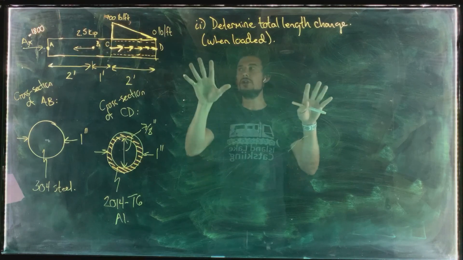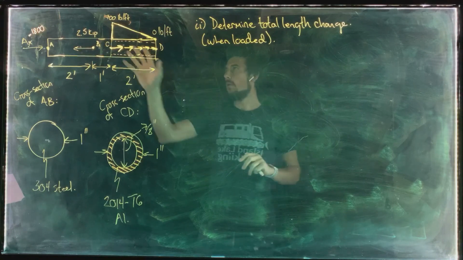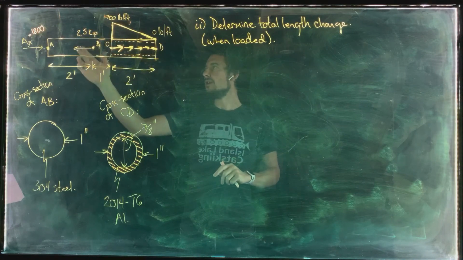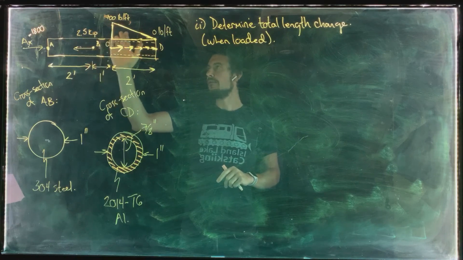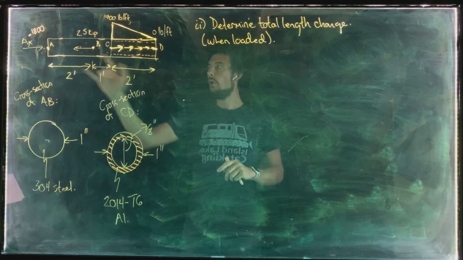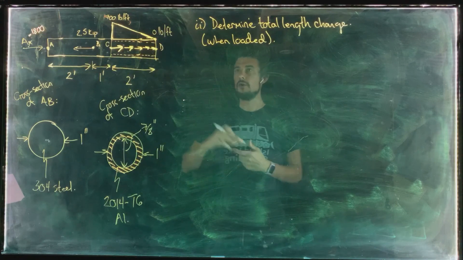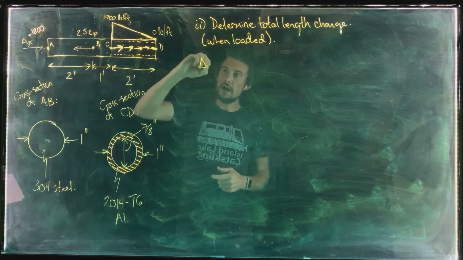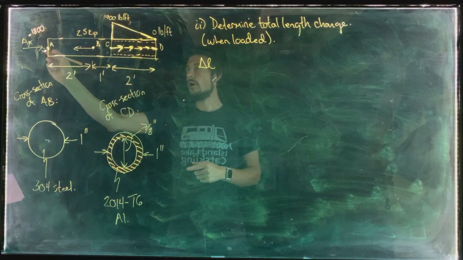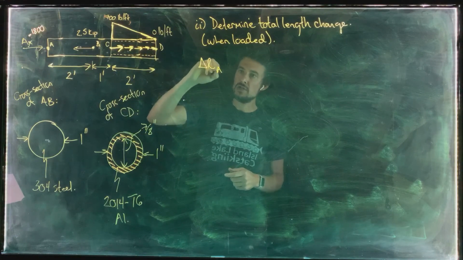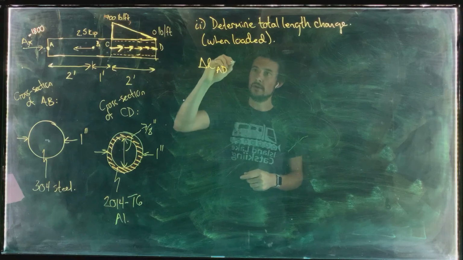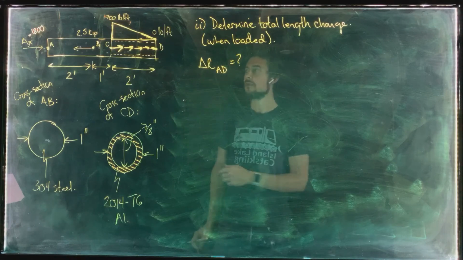So what we want to know now is when these different loads are applied, so 2 loads here, the 2.5 kip and this distributed load, what's the total length change of this object going to be? So in other words, what we want to find is the change in length all the way from point A to point D, right? That's the question.